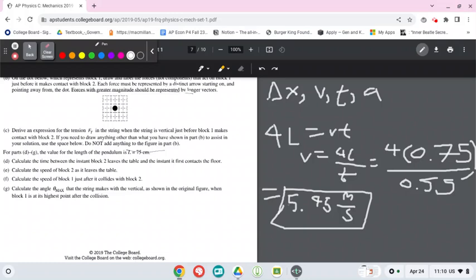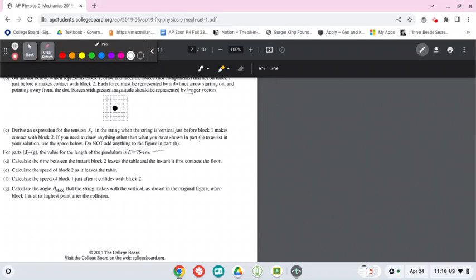For part F, calculate the speed of block 1 just after it collides with block 2. This is going to be a momentum question, because it collides. Let's say the system is block 1 and block 2. Right before block 1 hits block 2, only block 1 is moving.